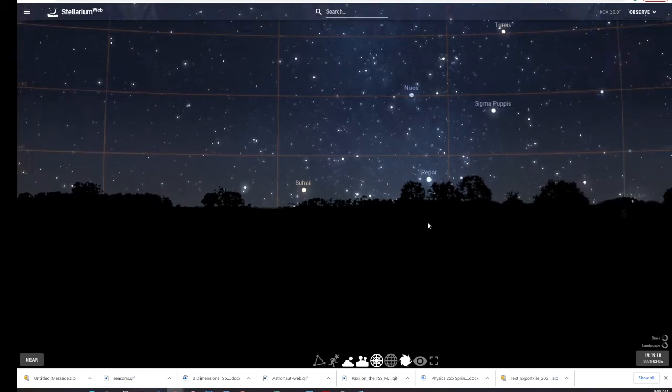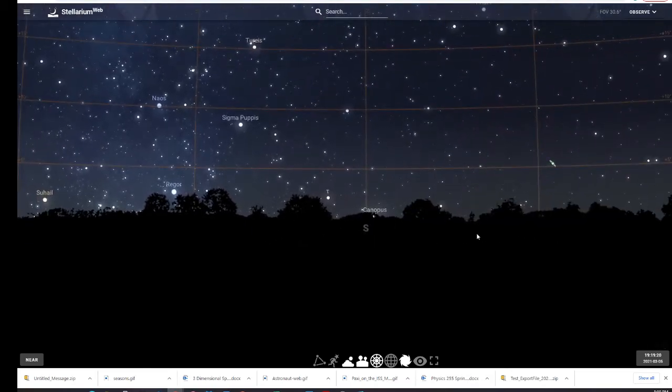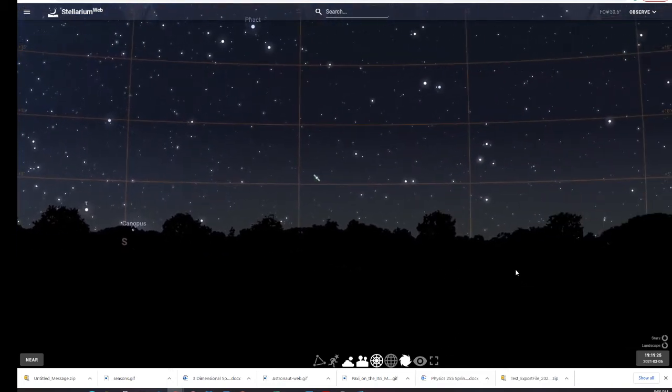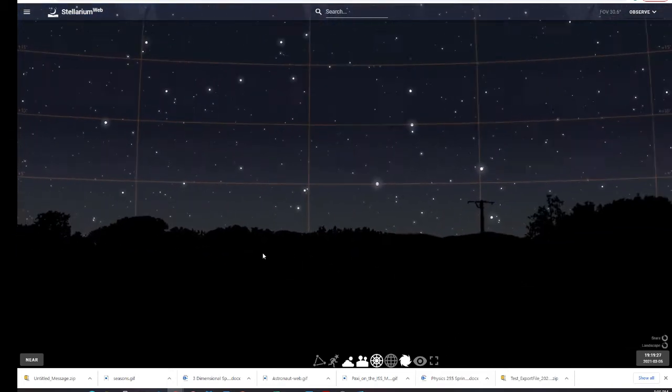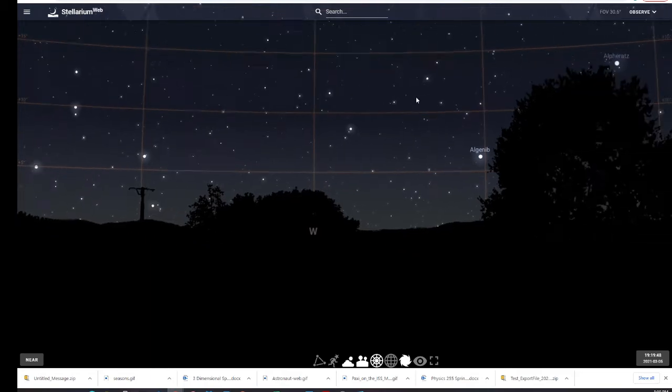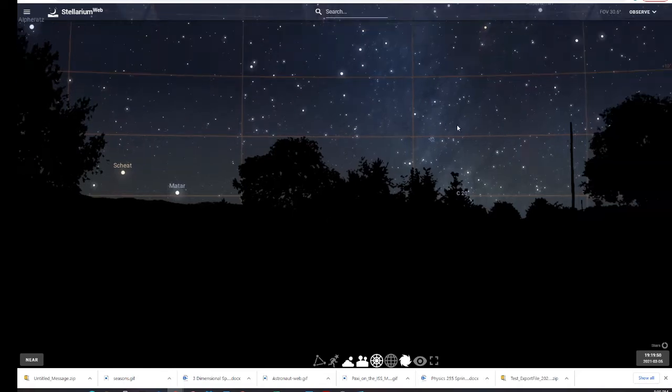And south, 180. West, 270. This is a little hard to see because of the function of this website, but if you can peek behind through this semi-transparent bar at the top here, it shows what azimuth line this is, right? And then we come all the way back around to north.